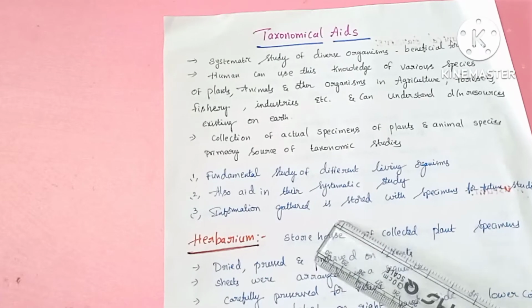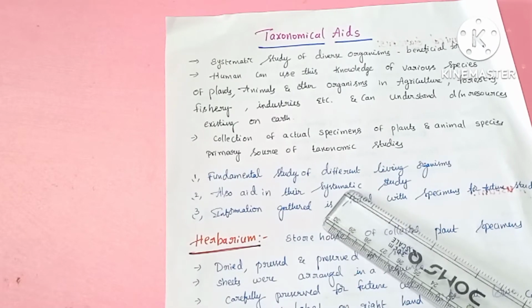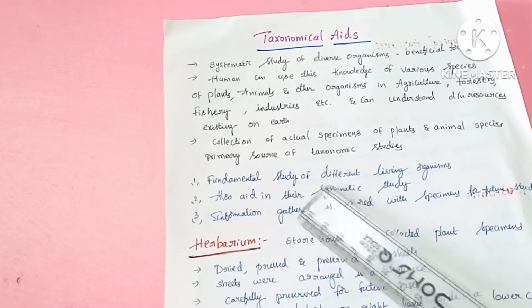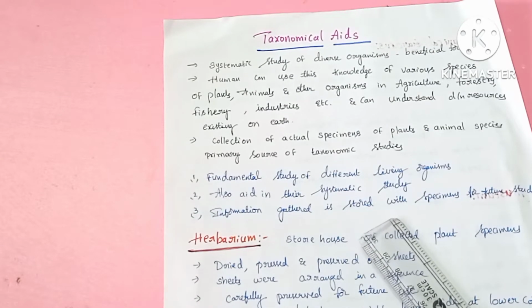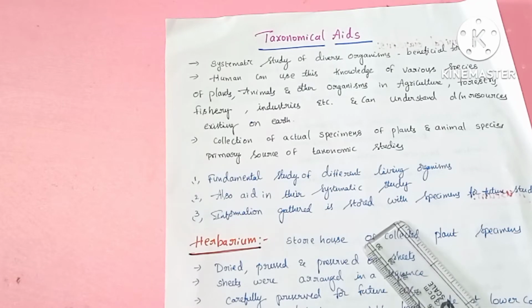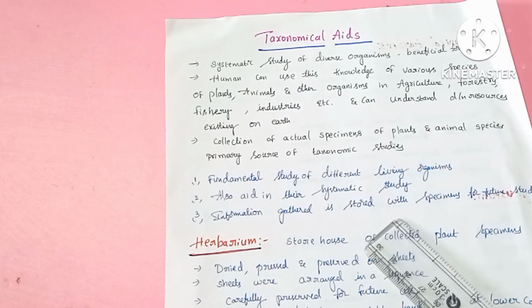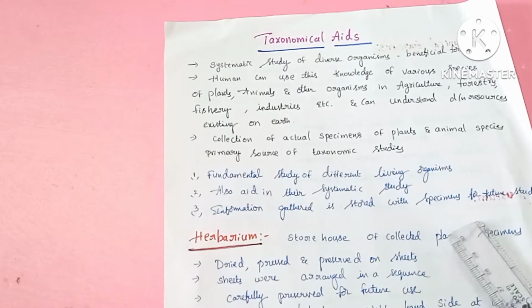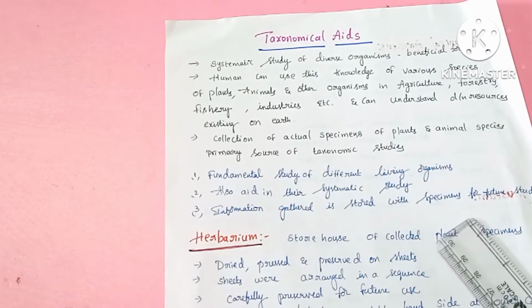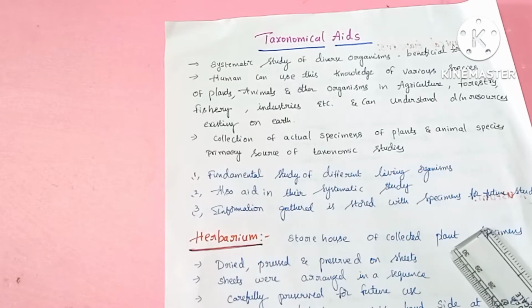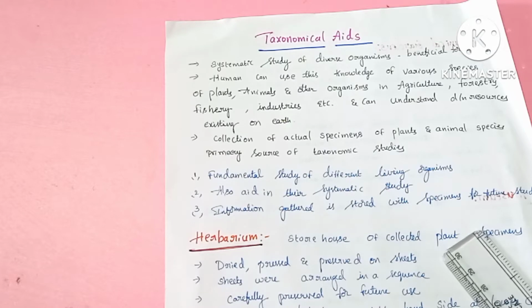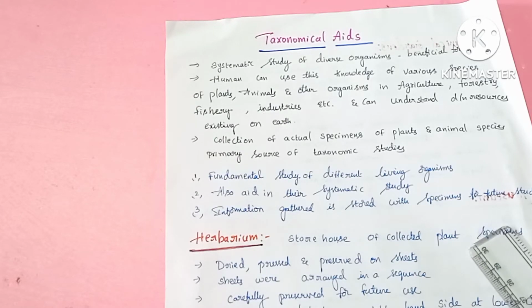This knowledge of taxonomical study can be used for the fundamental study of different living organisms, and also for the systematic study of these organisms. And not only that, the information gathered was stored in the form of specimens, right? Those specimens can be used for future studies. Whenever we want to study any living organism, by seeing those specimens we can easily study them. Okay, this is about the taxonomical aids.